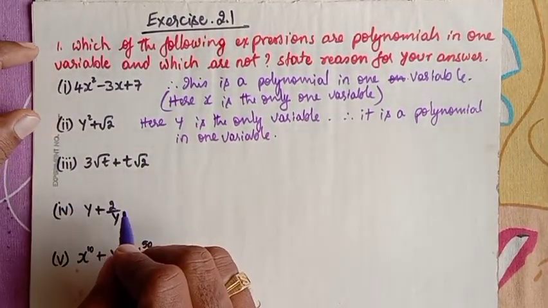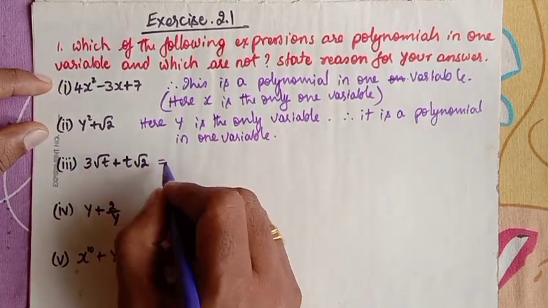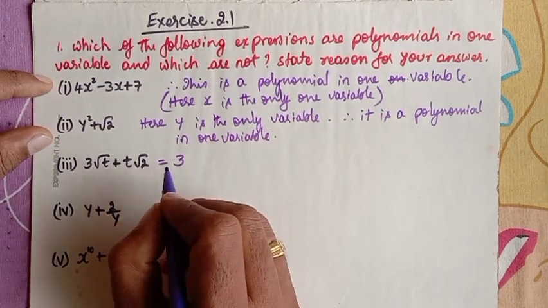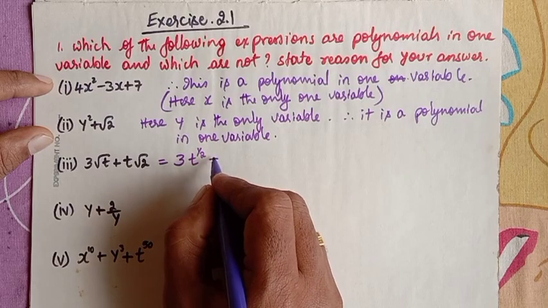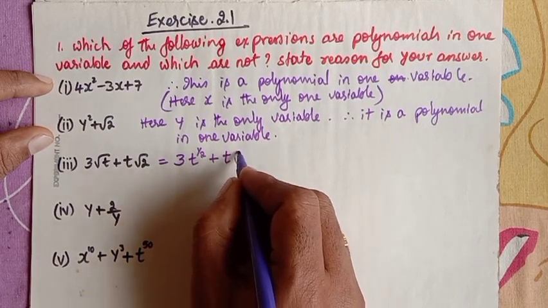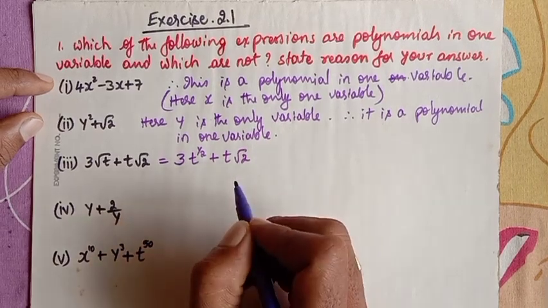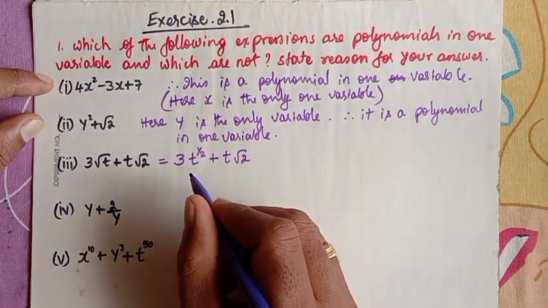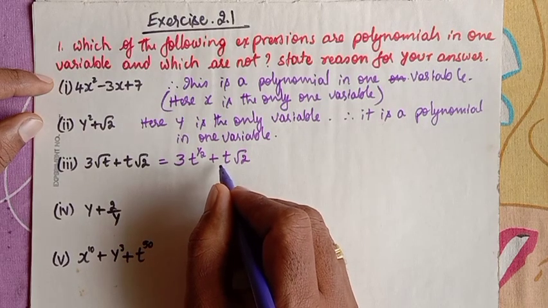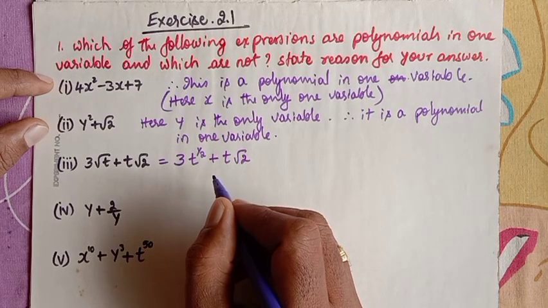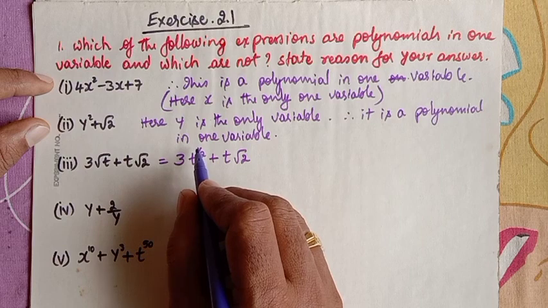In this example 3, this can be written as 3 t to the power of 1 by 2 plus t root 2. It looks as if it is a polynomial of one variable, but the power of t is half, that is 1 by 2.